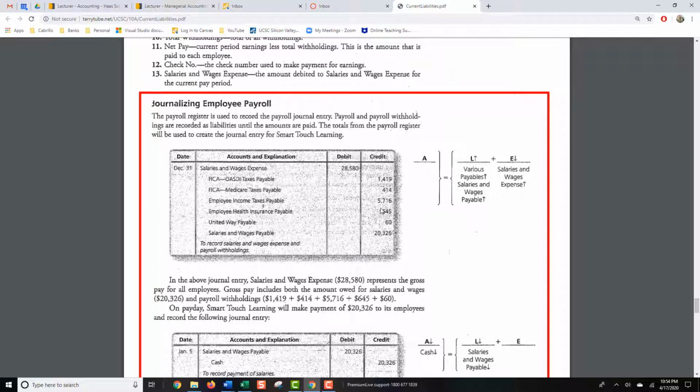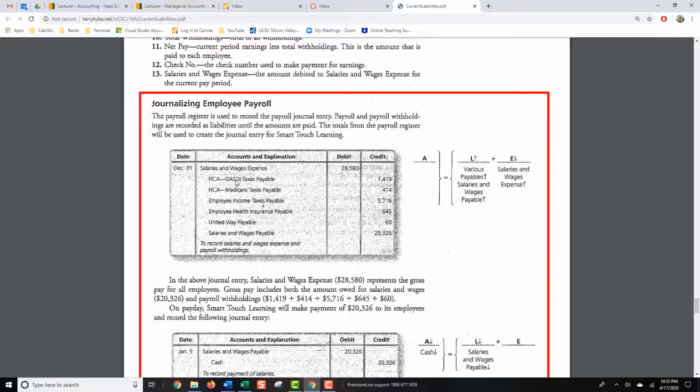So the issue for this class is that on the employee side, you're going to record salary and wage expense, and then all of these payables. So you're going to have FICA, which is the OASDI payable, and the FICA Medicare payable, and income tax payable, and maybe a health insurance payable, and maybe something like United Way payable, and then salary and wages payable.